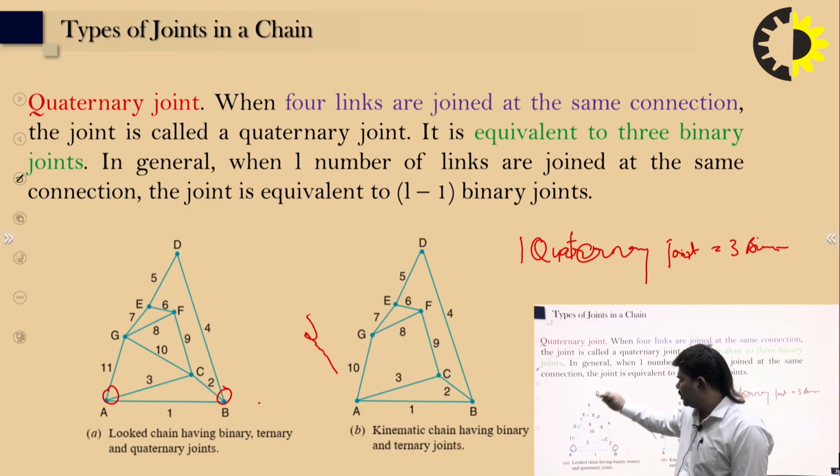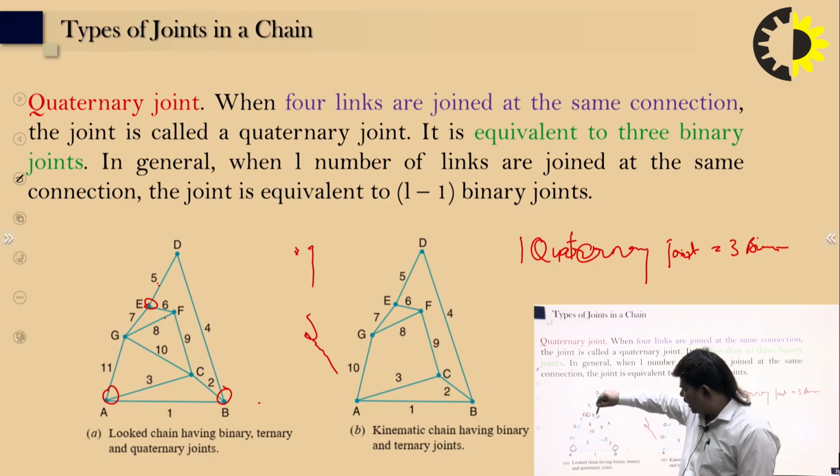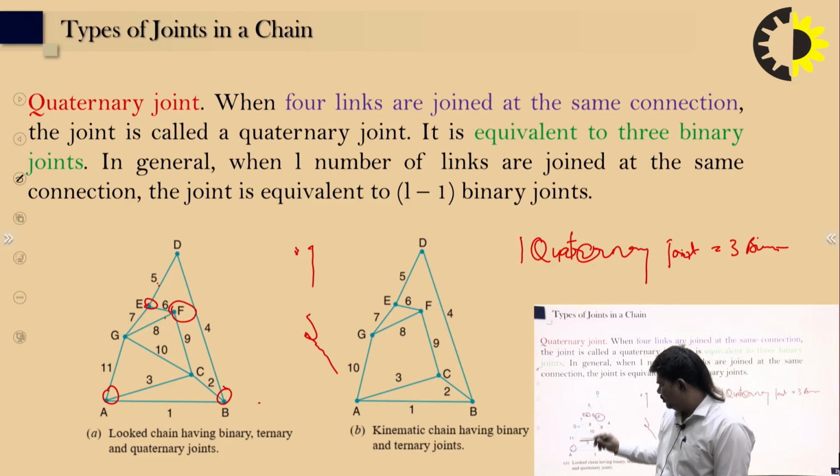Point D is a binary joint. At the next point, links 5, 6 and 7 are connected: a ternary joint. At point F, links 6, 8 and 9 form a ternary joint. But at point G, links 11, 10, 8 and 7 are connected.